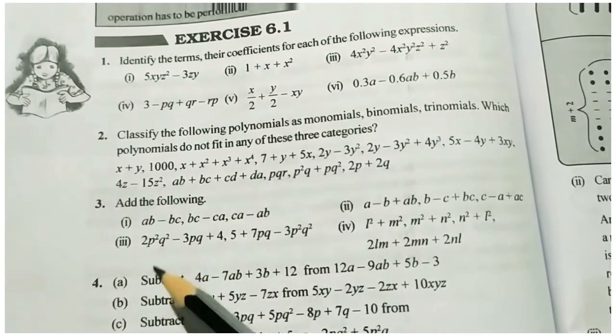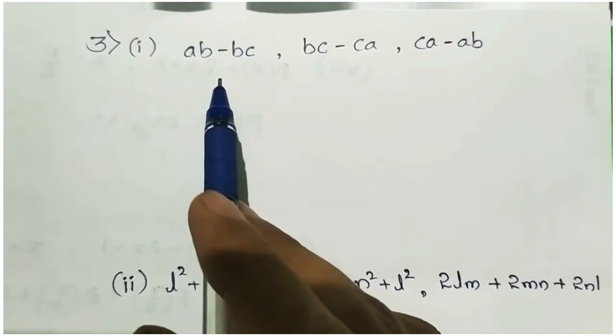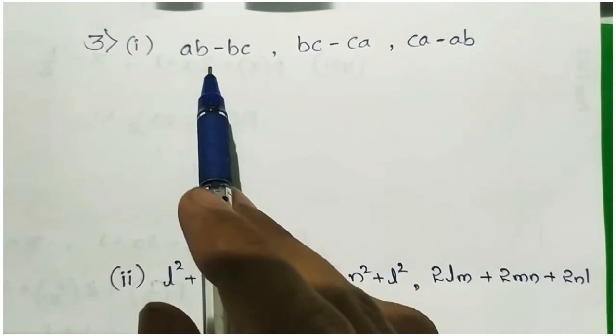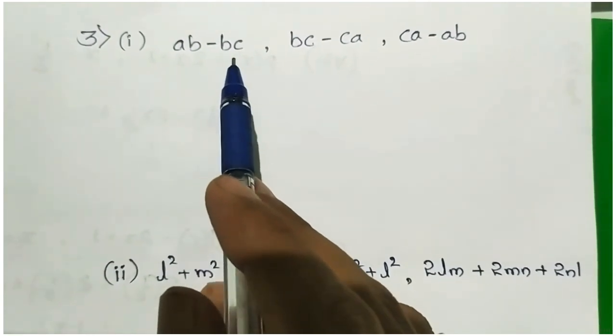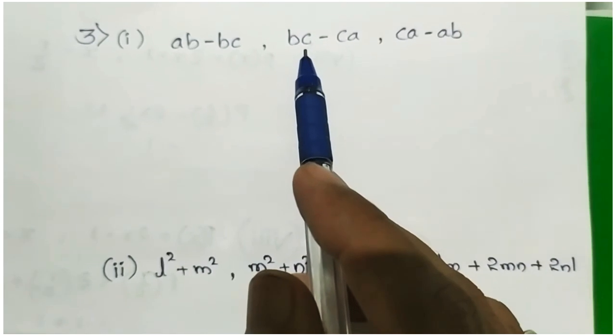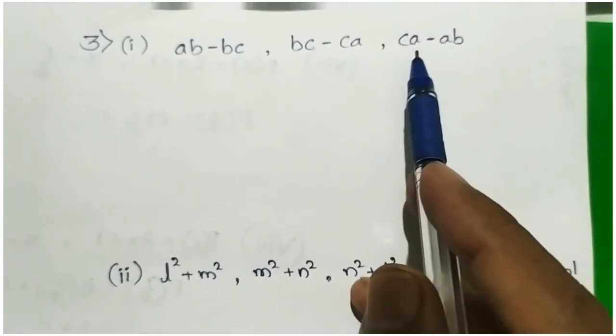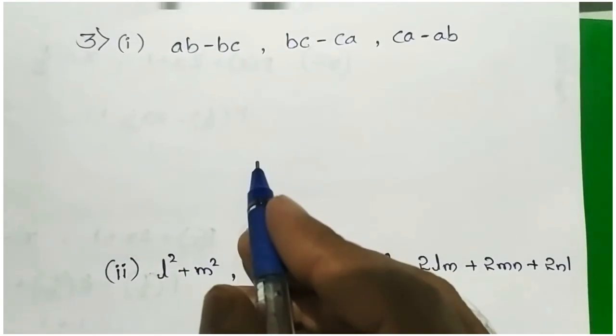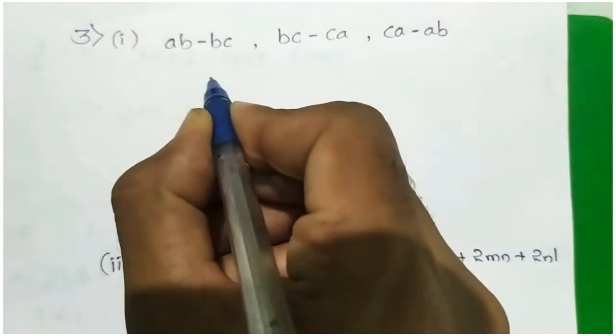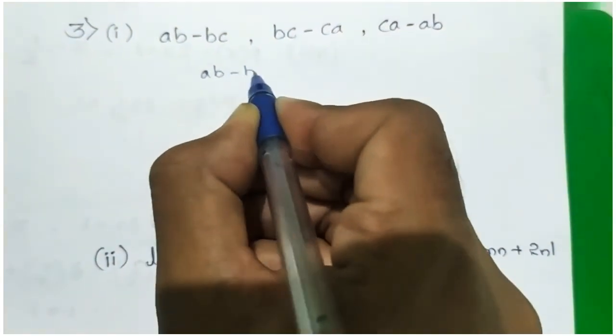Okay, now directly addition and subtraction. In third question, add the following. So here ab minus bc, next expression bc minus ca, ca minus ab. So write them one after one. So first ab minus bc.